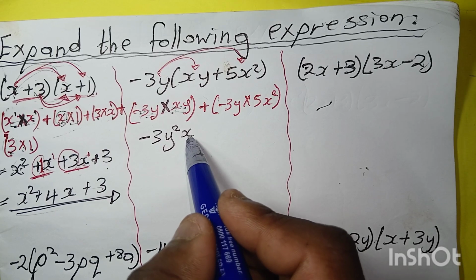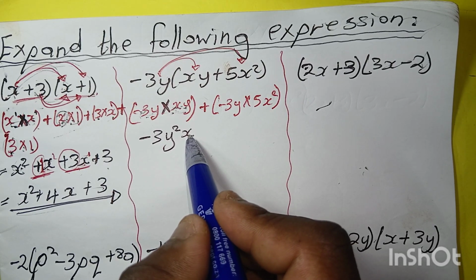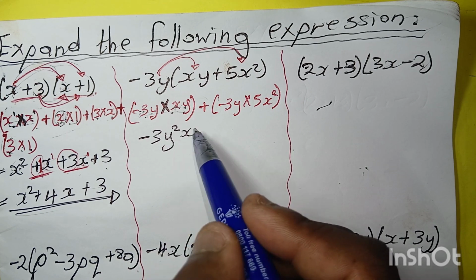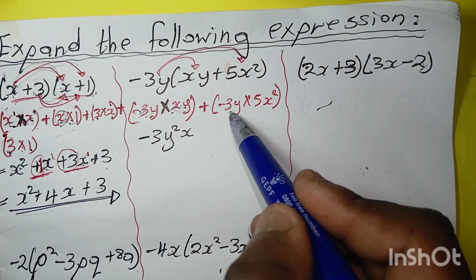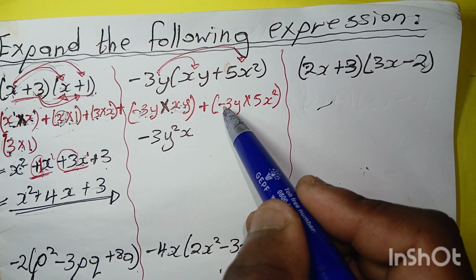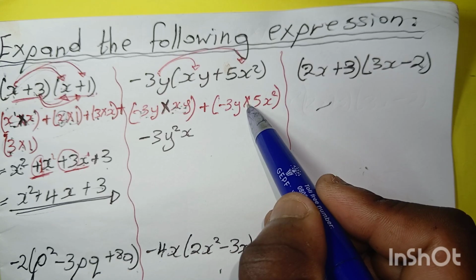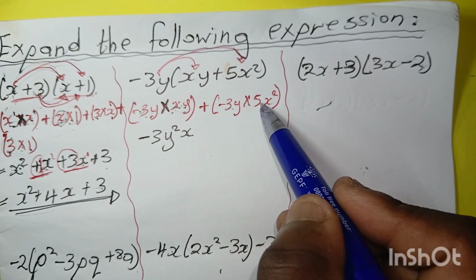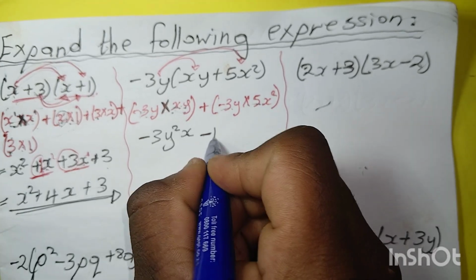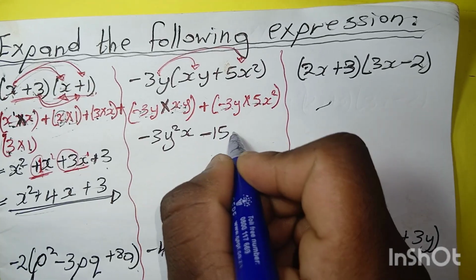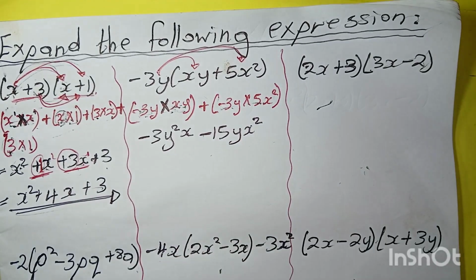Even here you can just start with xy or just say yx. The arrangement doesn't matter, guys. So check this one now. Minus 3 multiplied by positive 5. When we multiply different signs, we get what? We get negative 15yx.